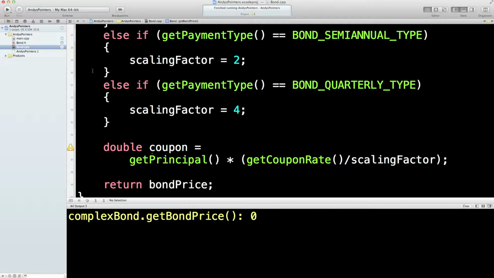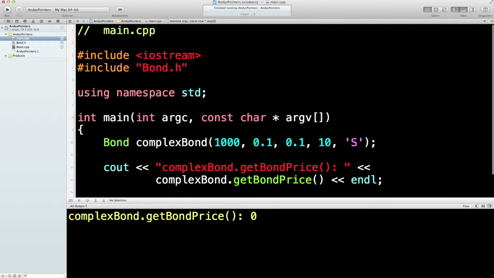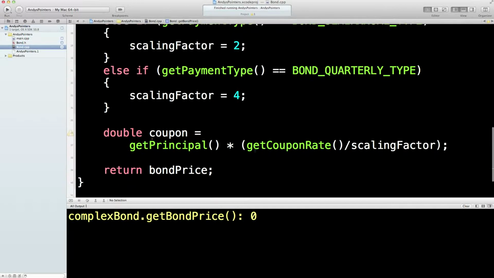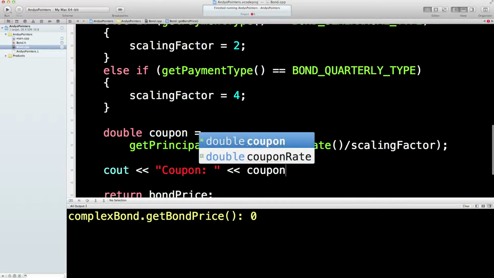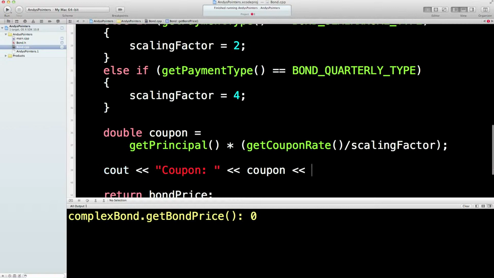Let's just check my main program. I'll just put a few, 10%. But semi-annual, so it should be $50 a payment. Let's just check it is. So see out coupon. Let's give it a whiz.